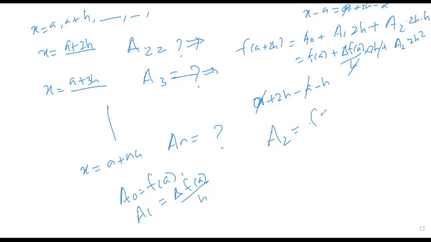I mean, f of a plus 2h there minus f of a minus delta fa times 2, divided by 2h squared. Okay. So what about this one? What do you think? Can you use your forward difference knowledge?